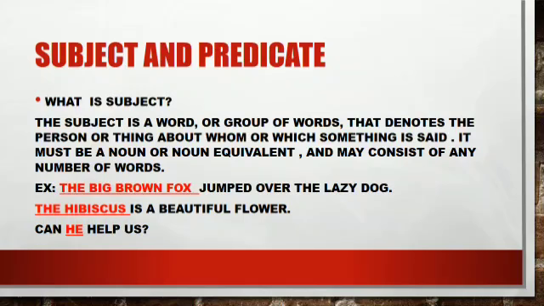Like here you can see the examples: the big brown fox. It's a group of words, but still it is the subject. The hibiscus is a beautiful flower. Subject. Can he help us? He is the subject. So from the examples you find one thing: it doesn't mean that the subject is always in the very beginning of the sentence.